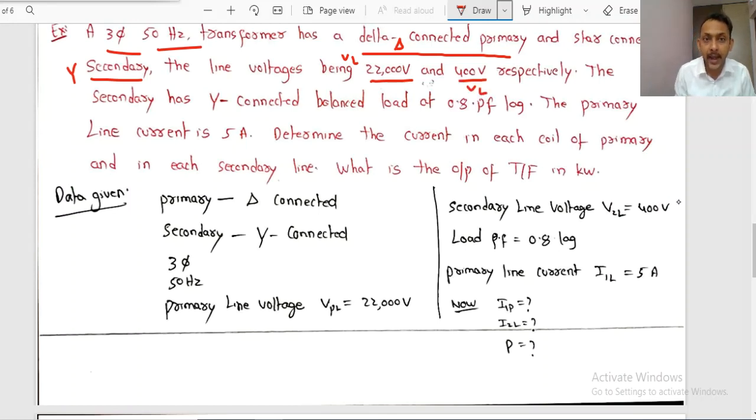The secondary has a star connected balanced load at 0.8 power factor lagging. The primary line current is 5 amps. Determine the current in each coil of primary and in secondary line. What is the output of the transformer in kilowatt?